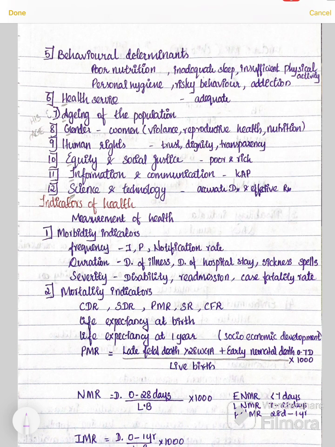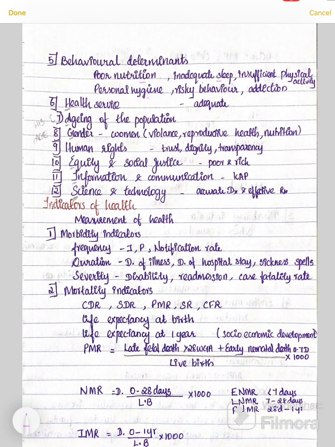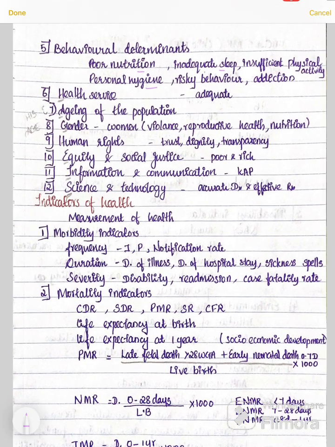Next dimension is the behavioral dimension. So poor nutrition and inadequate sleep, insufficient physical activity, personal hygiene, risky behaviors like addiction, alcohol, smoking, and all can affect health. Next one, health services.